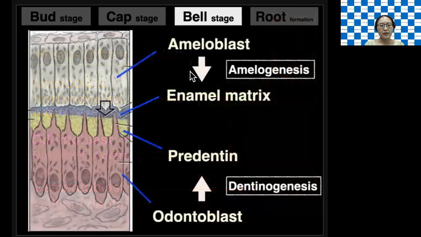And the process of apposition and maturation includes the ameloblast, which produces the enamel matrix through the process of amelogenesis, and the odontoblast, which produces the predentin through the process of dentinogenesis.